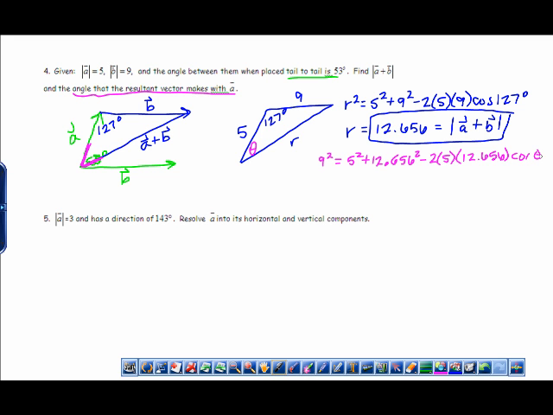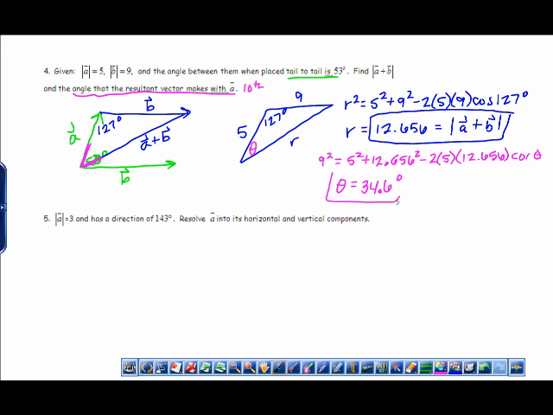Now it will make this more accurate if you don't round, and your theta here is going to be 34.6 degrees.